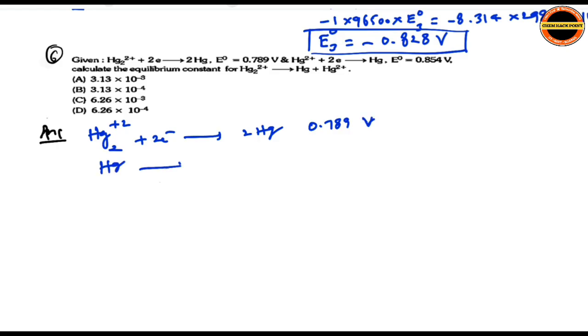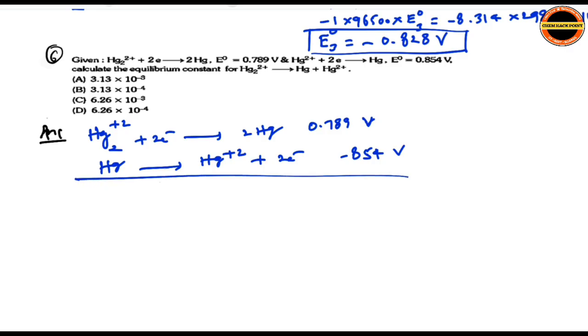Another reaction, Hg giving Hg plus 2 electrons, whose value is also given as 0.854 volt. Both reactions are already given. If you join them, for the equilibrium constant of another reaction they mentioned here, Hg plus 2, for this reaction they are asking about the equilibrium constant.